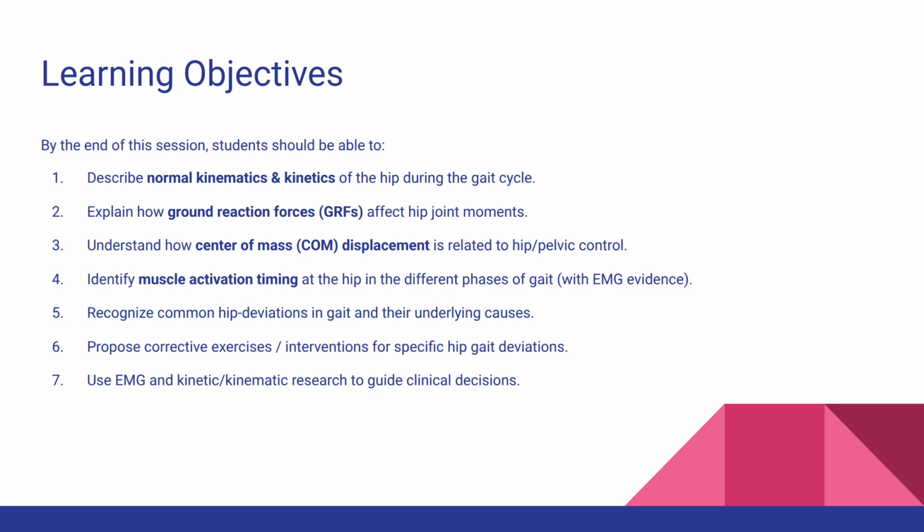Importantly, we'll differentiate primary impairments from compensations. Sixth, you'll propose corrective exercises and interventions that are phase-specific and biomechanically justified. Finally, we'll talk about using research and objective data to support your clinical decisions.